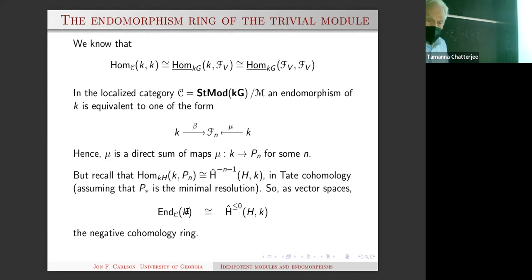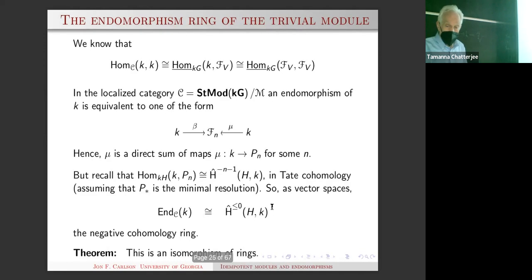So the endomorphism ring of K is in fact equal to this. And with some work, not too much work, what you get is that this is not just an isomorphism of spaces, but also an isomorphism of rings.